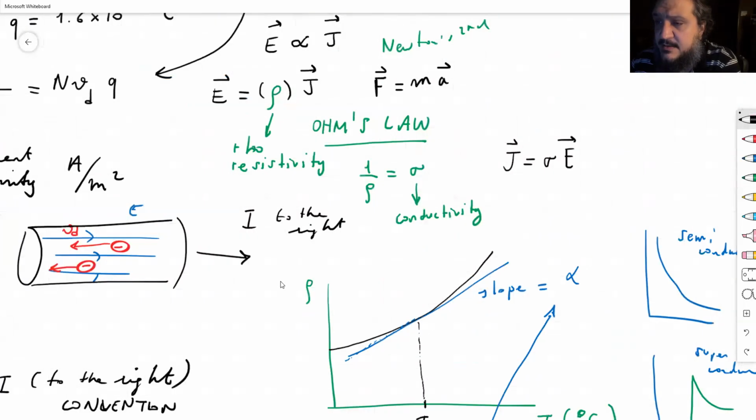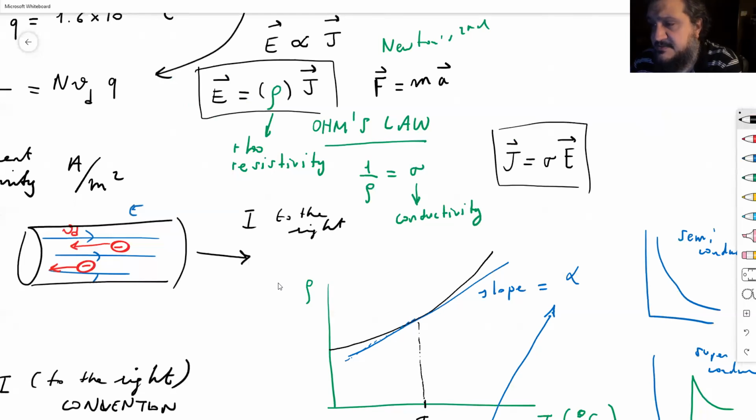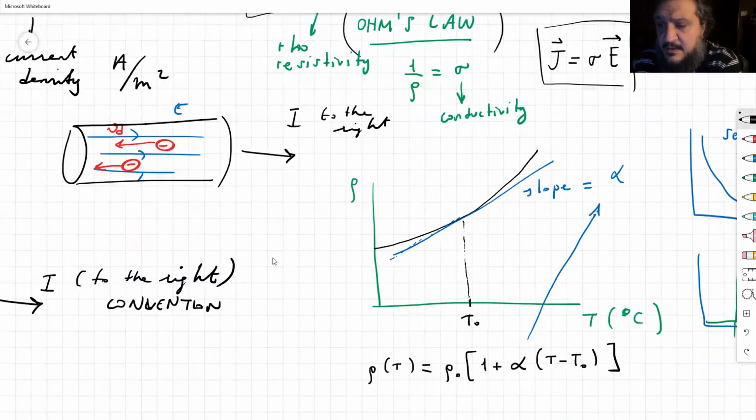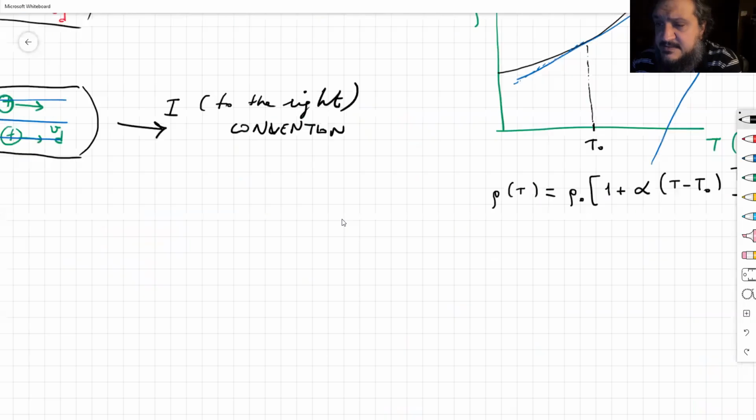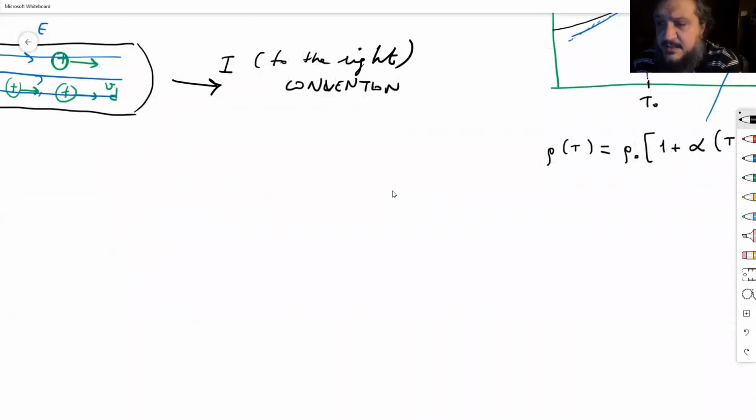And when you write the relationship in this form or that form, this is the basis of Ohm's law. All right, Ohm's law.